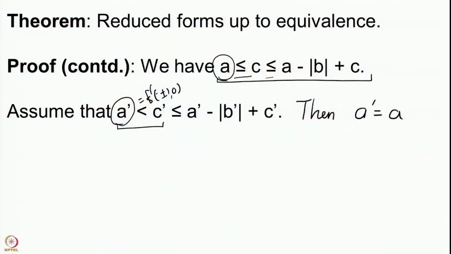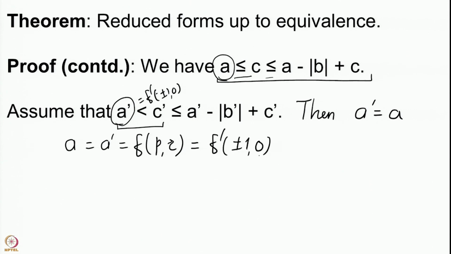So, the smallest elements in both the sets will have to be the same. A prime is equal to a. You also further have that a prime which is equal to a is f of p comma r, and this is nothing but f prime at plus minus 1 comma 0.